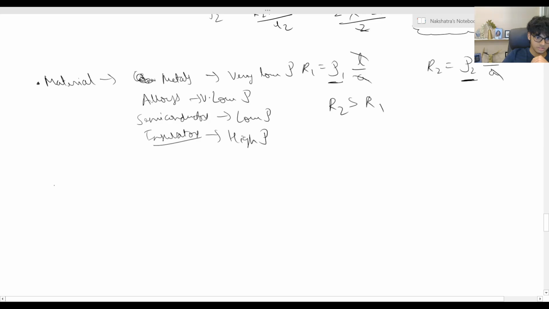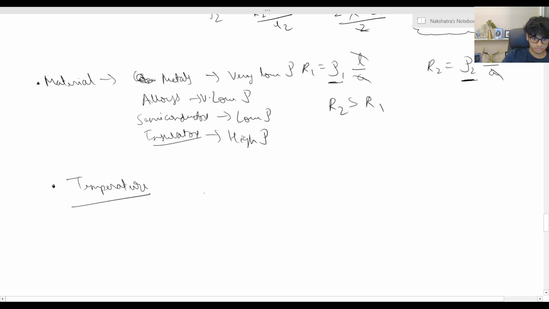Next thing which specific resistance depends on is temperature. This is very important because this came in the physics board paper as well for this year, and they tested this very sneakily.